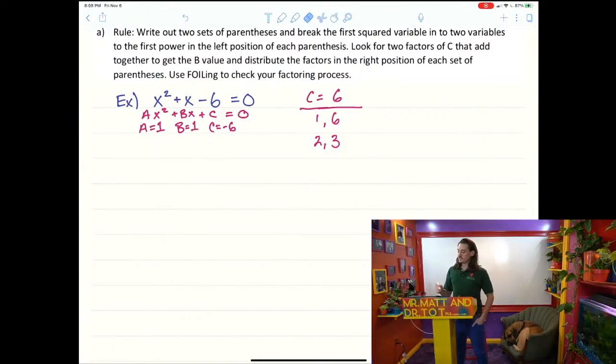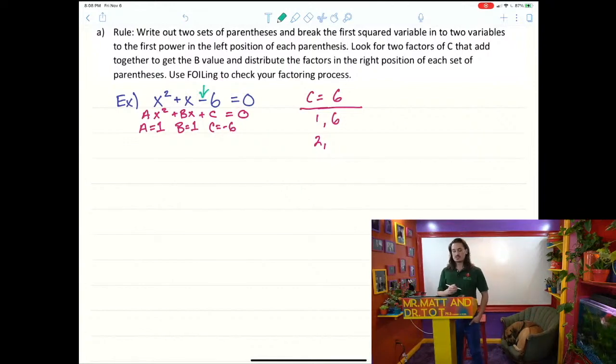So we're looking for two factors of c that add together to get b, which is 1. Notice that we need to multiply together to get a negative 6. When the c value is negative, that means that the factors are going to have opposite signs, because only a negative times a positive will give you a negative result.